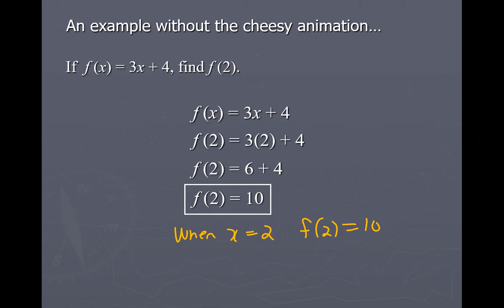Now, if you're really lost, if you're like, this is all going right on past me, I'm going to write an extra sentence here in brackets. Don't write it unless you need it, but if you do need it, rely on this for now. What this is saying is, when x equals 2, the y value comes out to be 10.